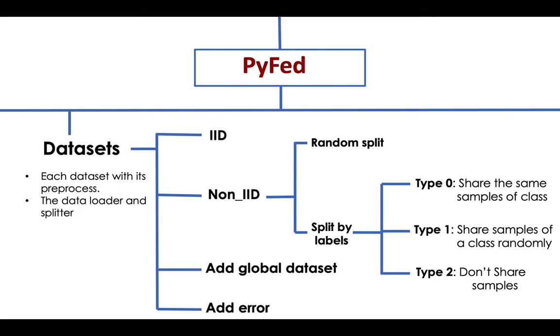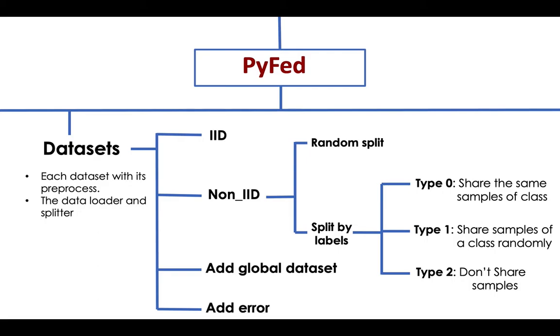We have five features here: the IID distribution of data and the non-IID distribution. Here we have two different ways: the random split, where we split the data randomly between the workers, or we can split data by labels.